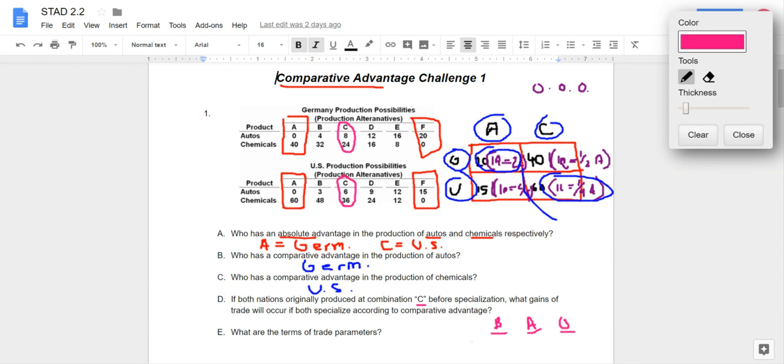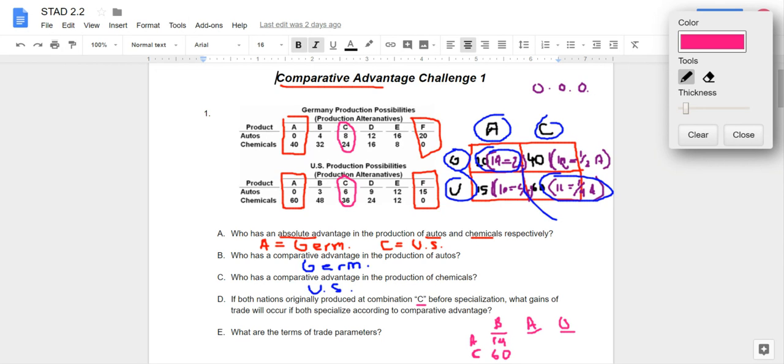And then we have automobiles and we have chemicals, our two products where we can see gains. So before, we're looking at point C for the before. Point C, autos, Germany produced 8, the United States produced 6, so we actually have 14 automobiles beforehand. And then before for chemicals, Germany produced 24, the United States produced 36, so that is 60. We had 60 chemicals.